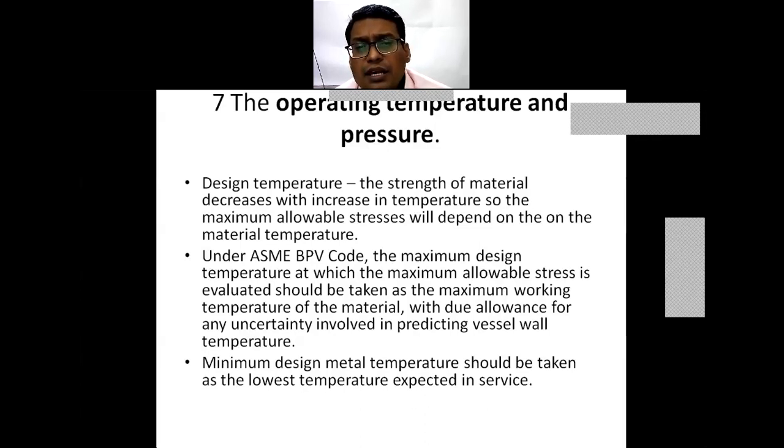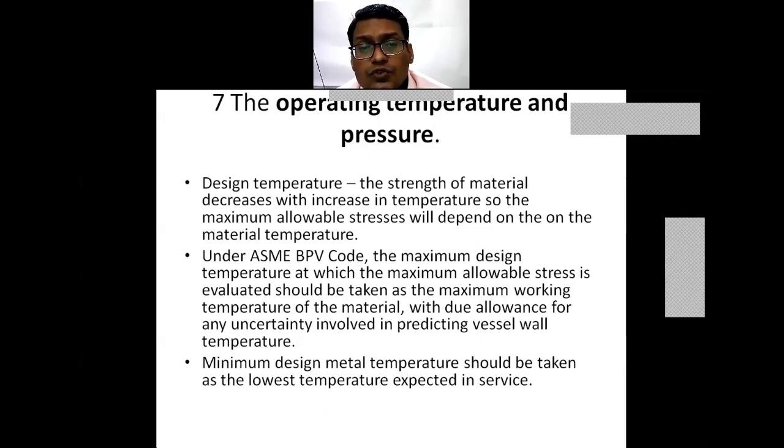Then under the ASME EPV code, the maximum design temperature is the one at which the maximum allowable stress is evaluated. So you first have to evaluate the stresses at that particular design temperature.